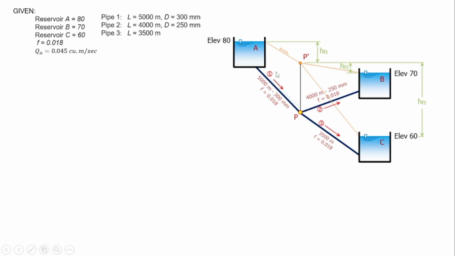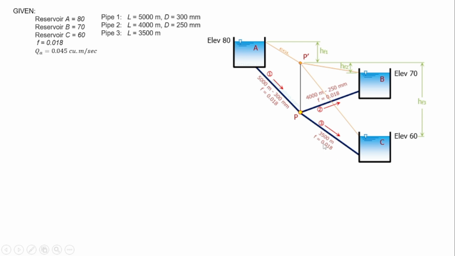So here is our illustration based on the problem. Elevation A is 80 meters, elevation of reservoir B is 70 meters, and reservoir C elevation is 60 meters. The flow from reservoir A to junction P is obviously going downward because it has the highest elevation.